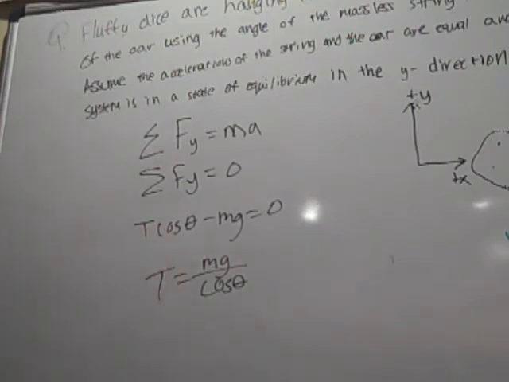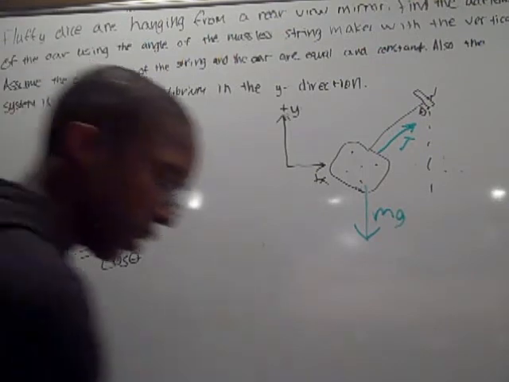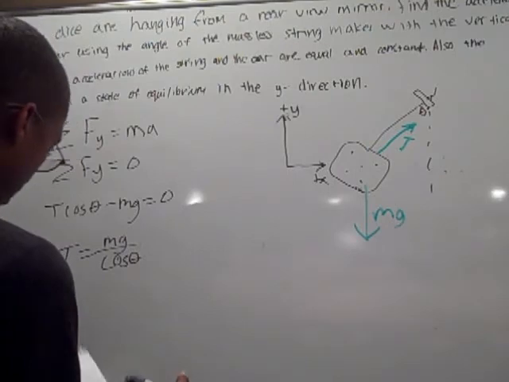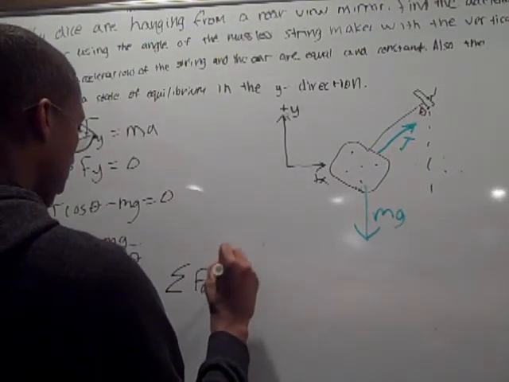Alright, so now we found the tension. In this, we're going to have to use a system of equations. So now we're trying to find the acceleration in the x direction. So we're going to go to the sum of forces in the x direction equals ma.